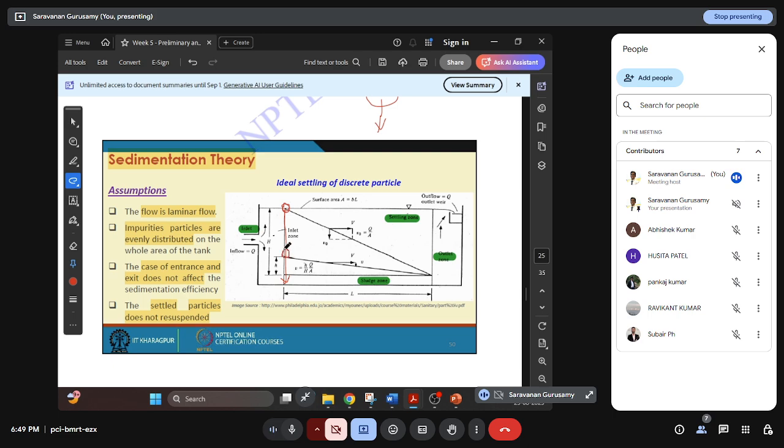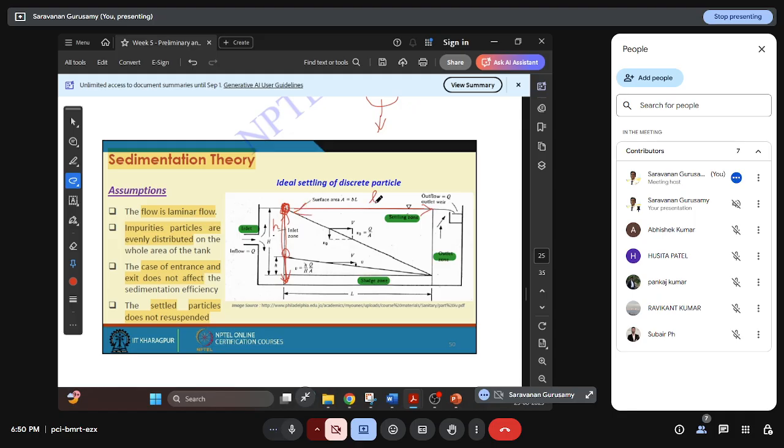In comparison to this particle, that one will easily settle. This particle will take longer time to settle or a longer distance to be traveled. So I am taking the particle that has just entered the tank at the top. It needs to settle through this much distance, that is the height of the tank.